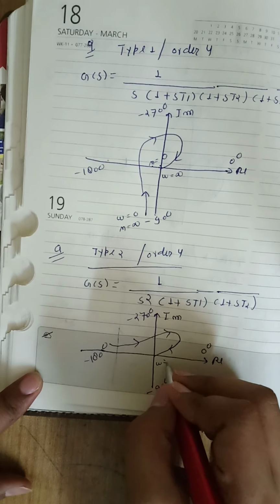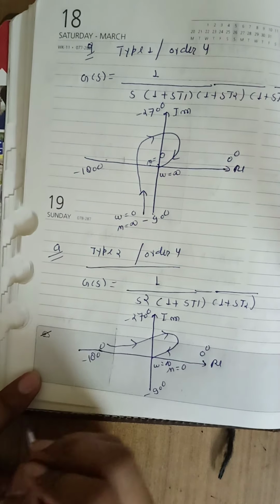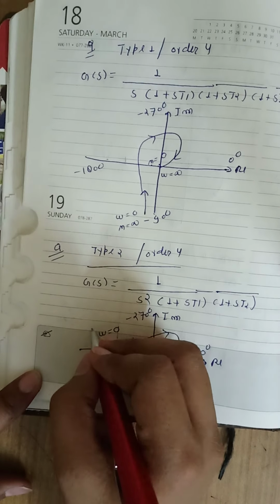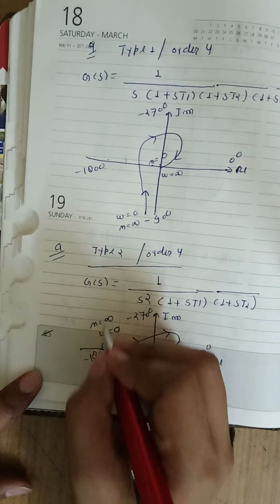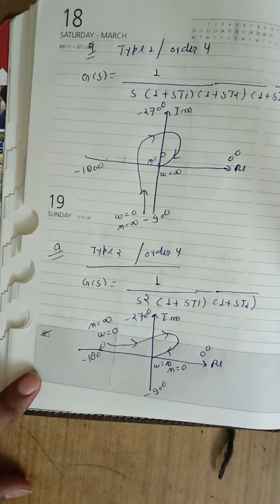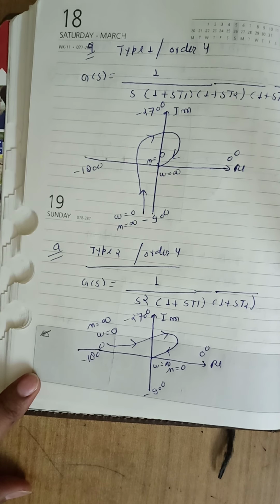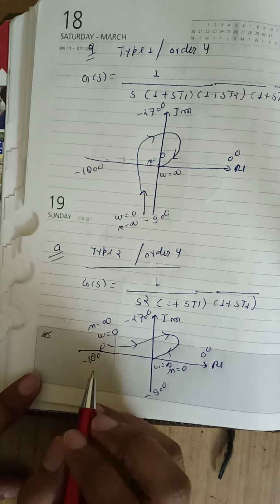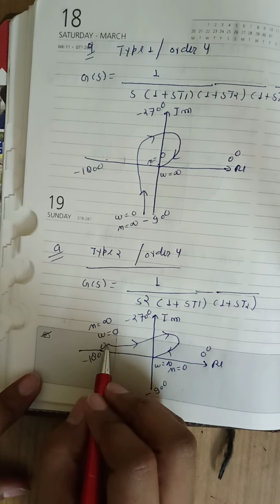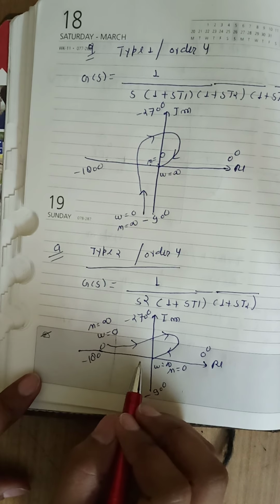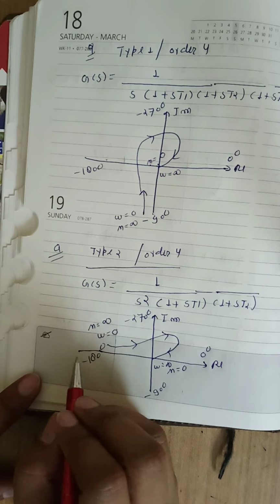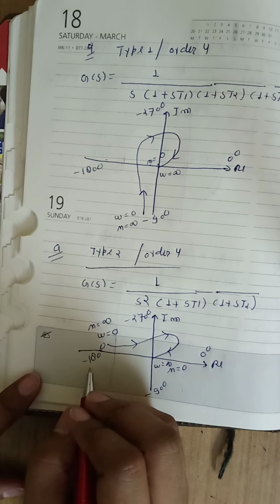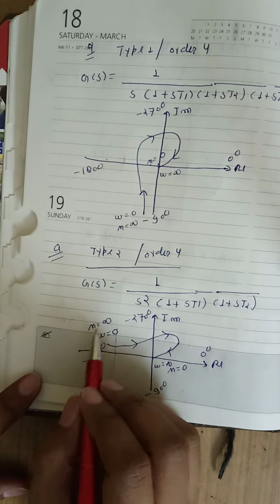So here we have omega equal to infinity, magnitude we have 0. Here we have omega equal to 0, magnitude we have infinity. And why am I not defining this point on the line of angle minus 180 degree? Because we have M equal to infinity.